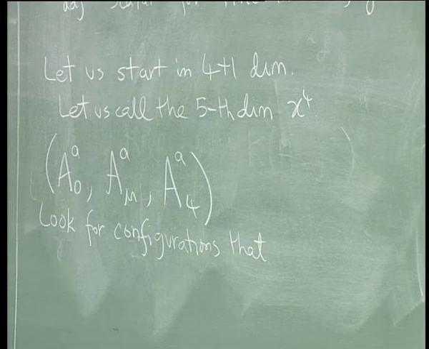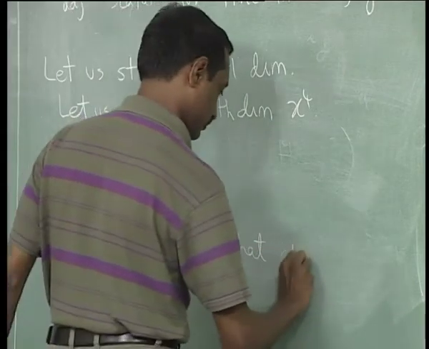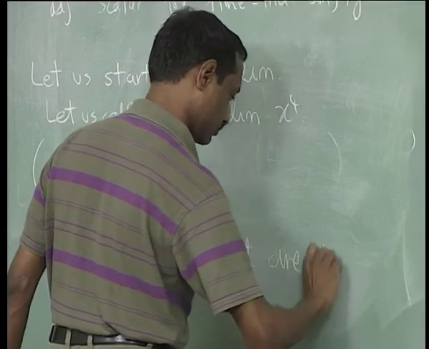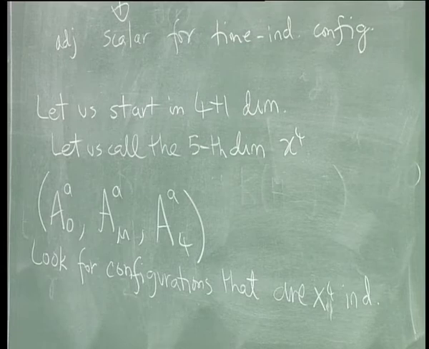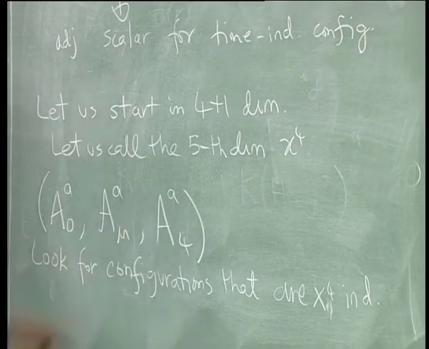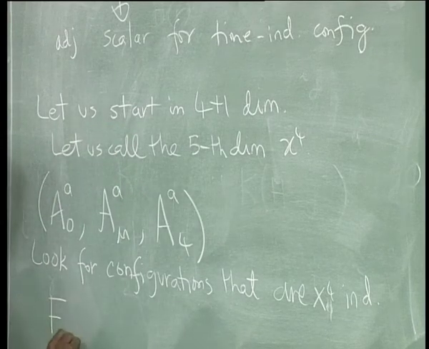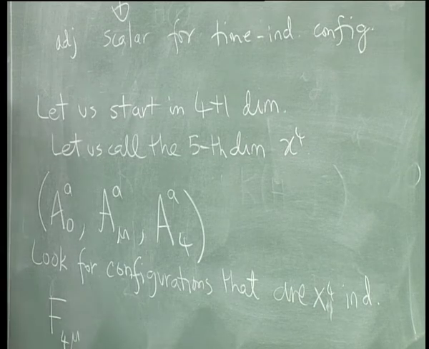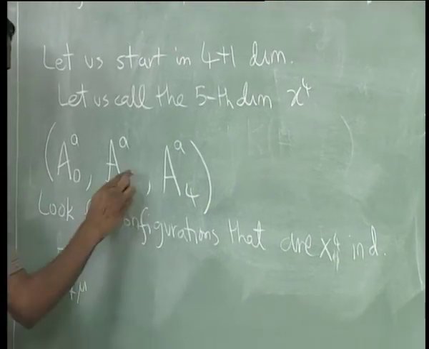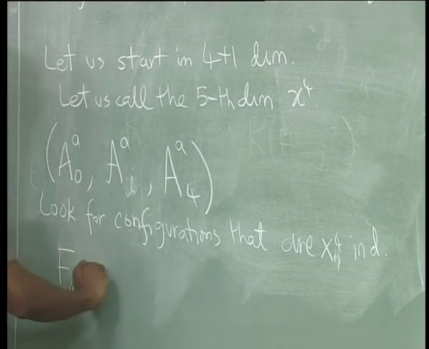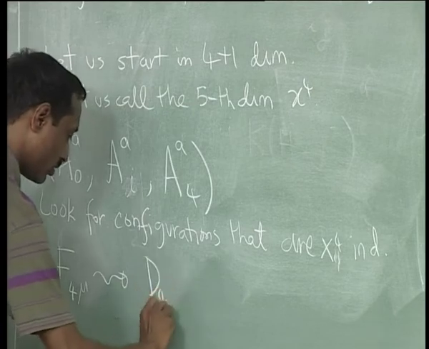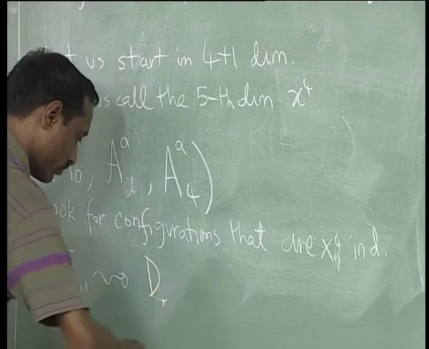X4 independent. Again we will do what we did there. We can look at something like F4 mu, and this will start looking like d mu of A4.